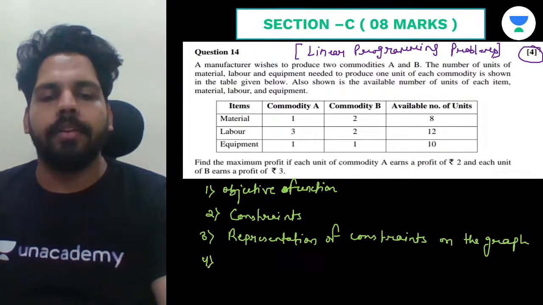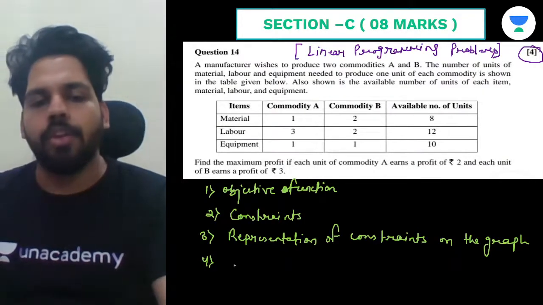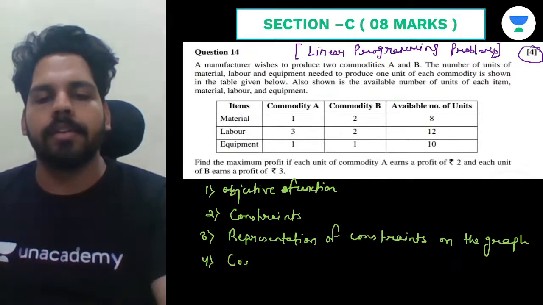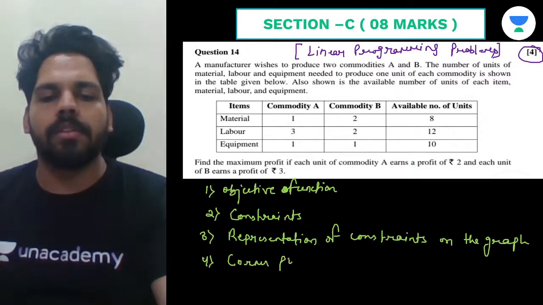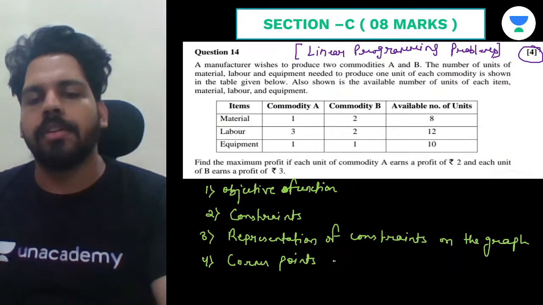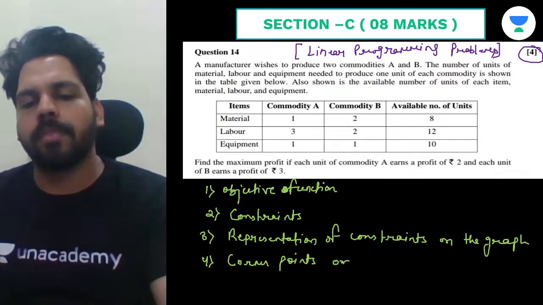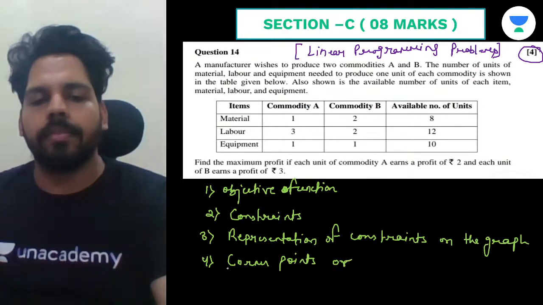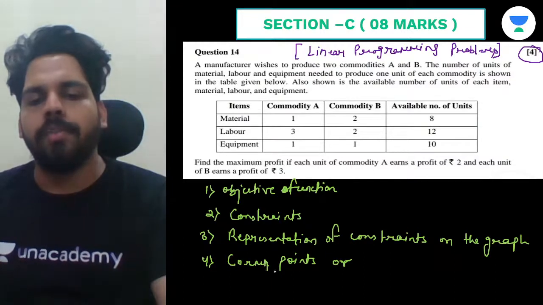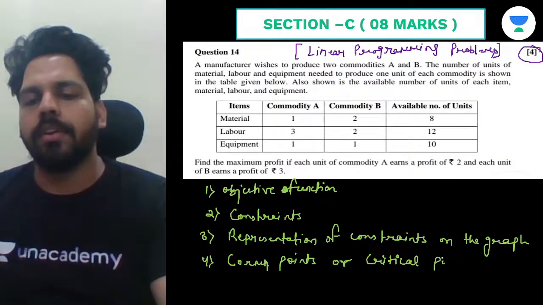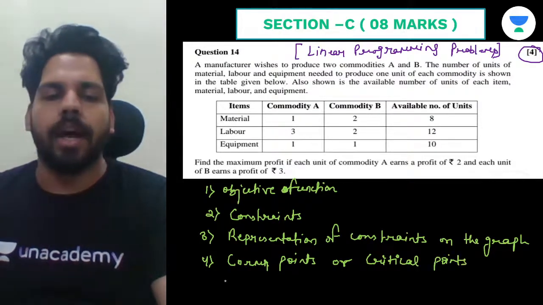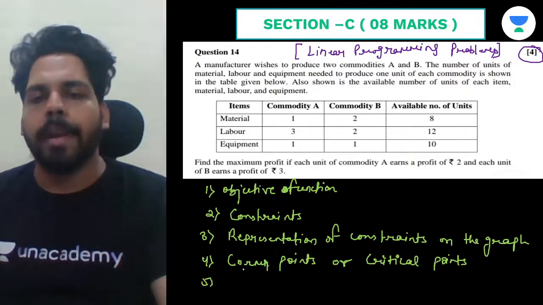Next, you'll have corner points, or we call them critical points. This is the fourth. And last, you can maximize the value.